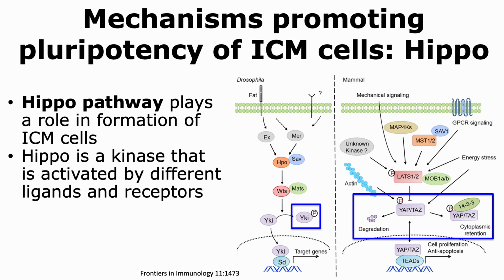This way, the cytoplasmic retention or degradation of Yorkie or YAP/TAZ does not allow these proteins to activate gene transcription. And this is how the Hippo pathway works. So now let us look at how this pathway is used in the case of ICM cell production.